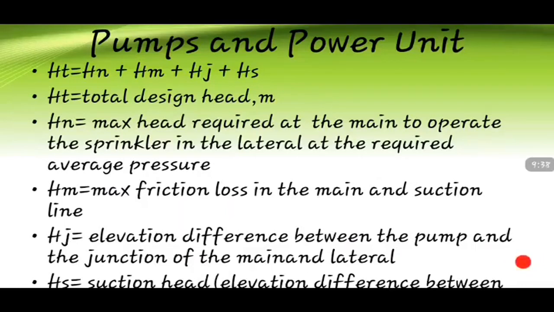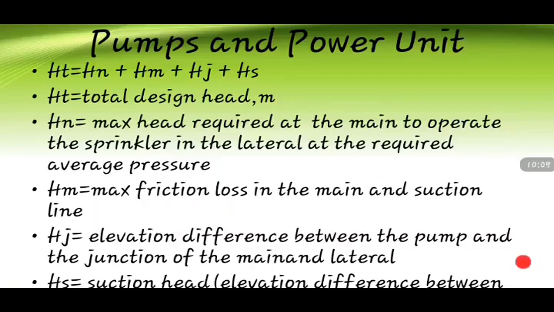HT is equal to HN plus HM plus HJ plus HS, where HT is the total design head in meters, HN is the maximum head required at the main to operate the sprinklers in the lateral, and HM is the maximum friction loss in the main and suction line.